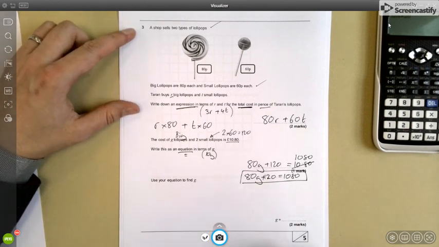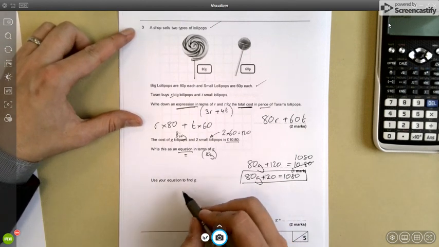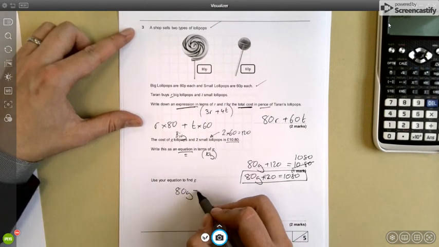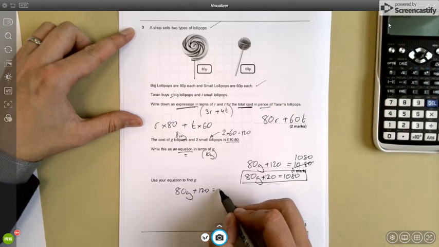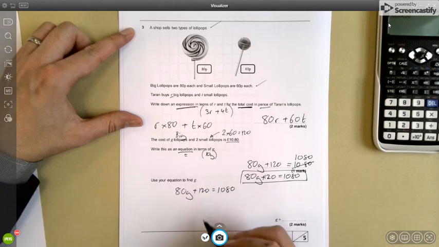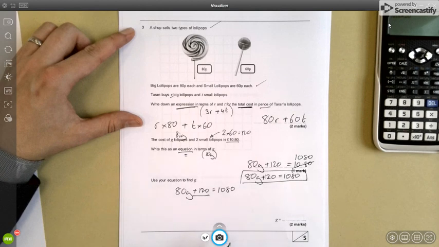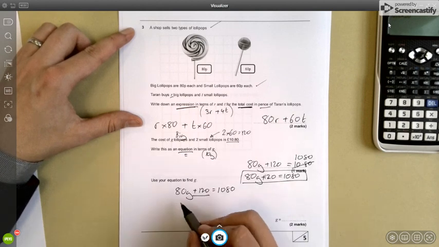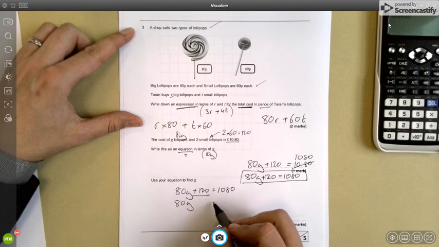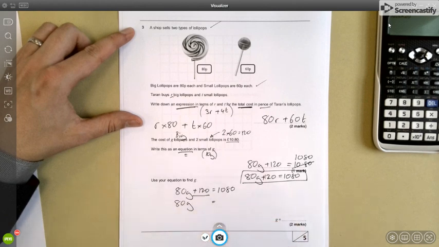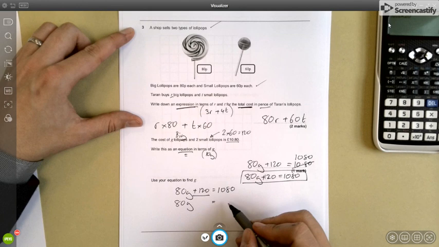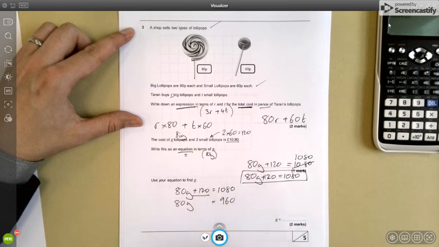All right, let's use this one. Use your equation to find G. So 80G plus 120 is equal to 1080. I'm going to subtract 120 from both sides. So I'm going to have 80G is equal to 960.